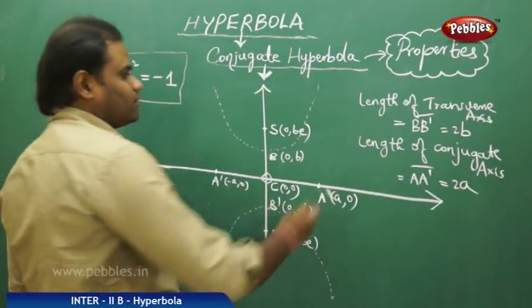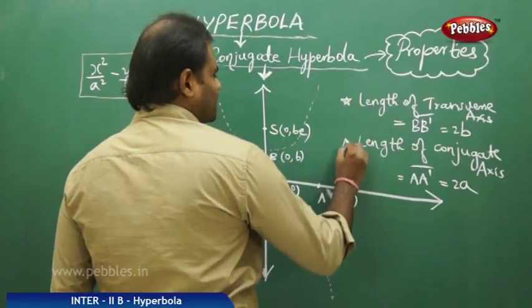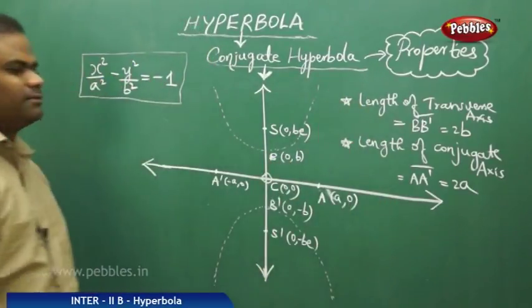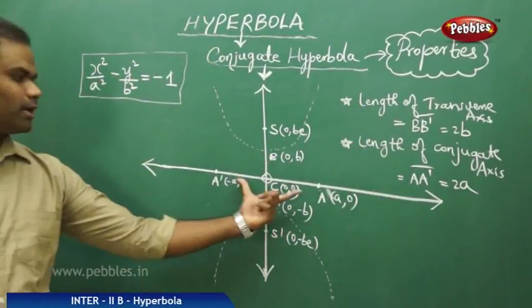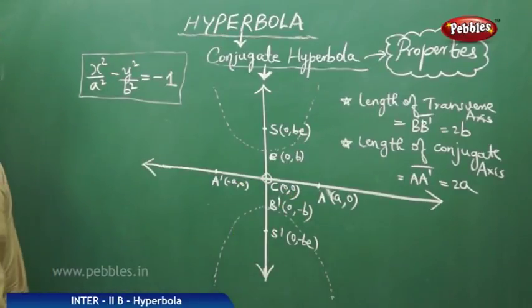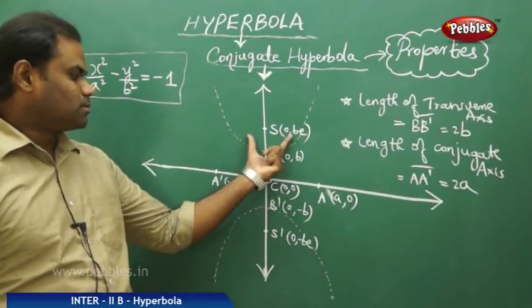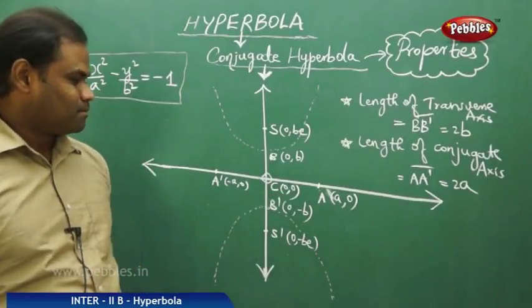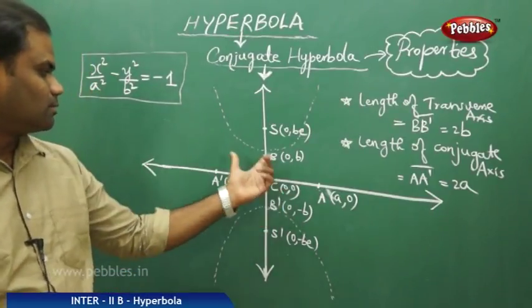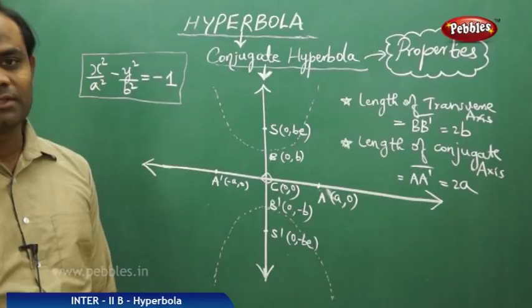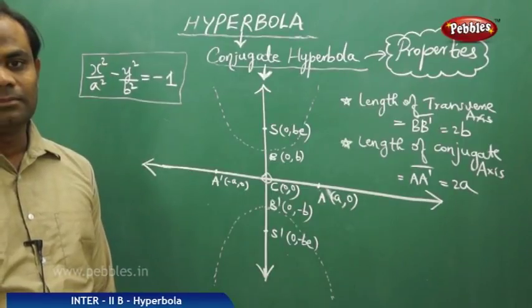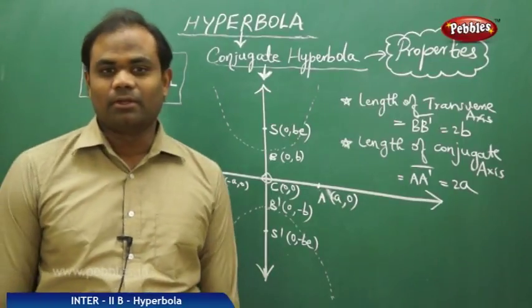So length of transverse axis and length of conjugate axis are given by 2b and 2a respectively. Is how we define each of the properties of foci, the center, coordinates, and all other properties which come in conjugate hyperbola.